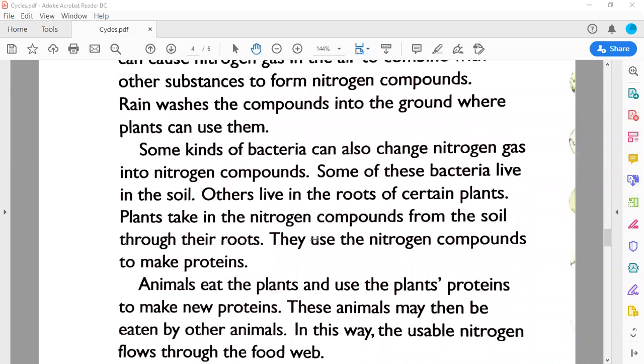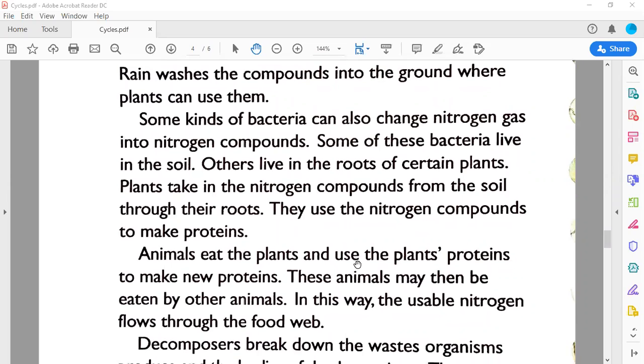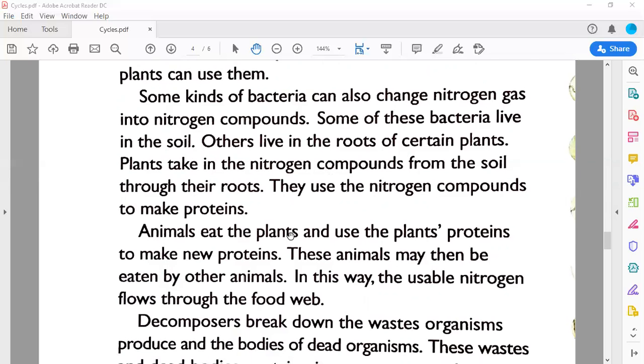And it says that some of these bacteria live in the soil, others live in the roots of certain plants. And when the plants take in the nitrogen compounds from the soil through their roots, they use the nitrogen compounds to make proteins. Why? Because the plants cannot take it directly from the air. So they take it through the roots.